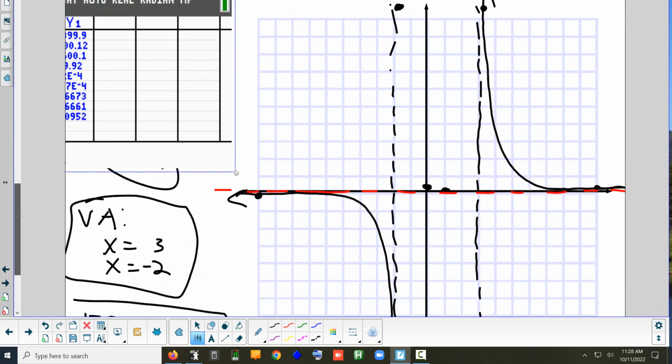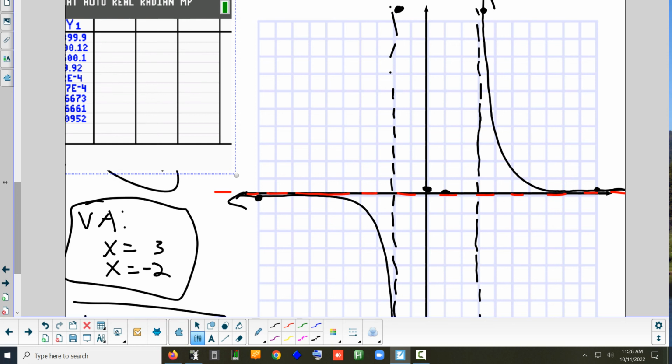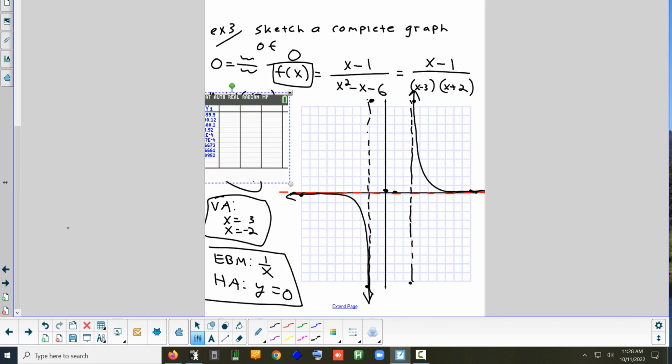So the only thing that's left is the middle. Well, I can kind of see because I have 4 points in the middle right now: 1, 2, 3, 4. All those points have to connect and it has to stay within those asymptotes. So it's going to stay as close as it can to this one.